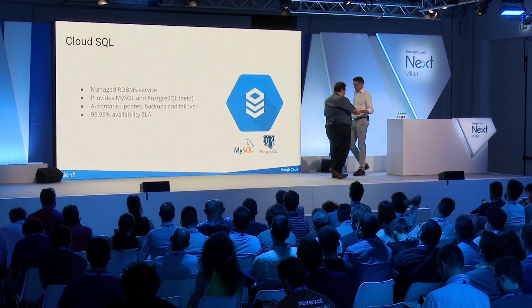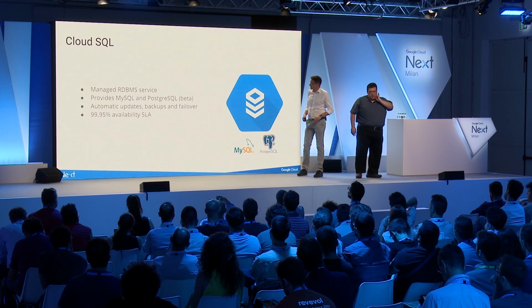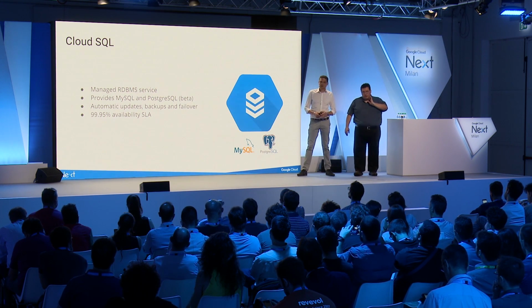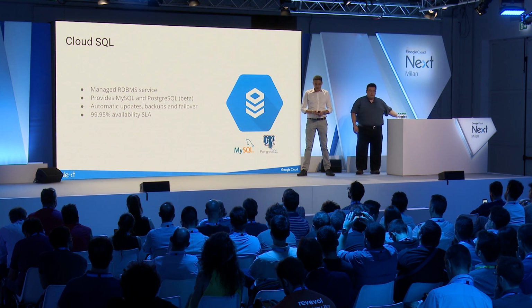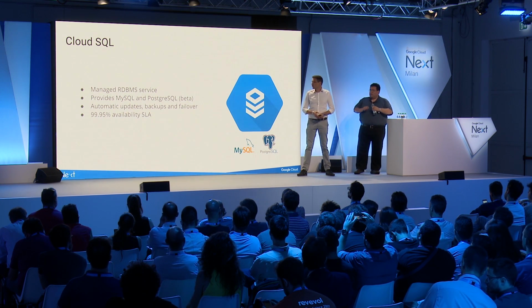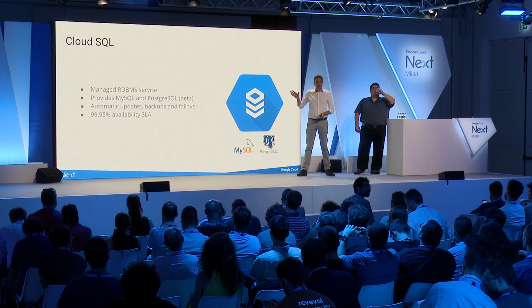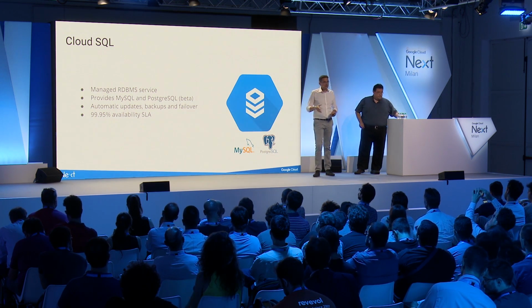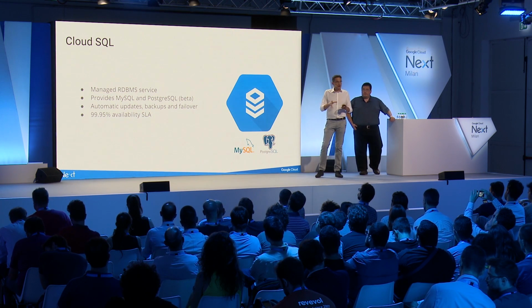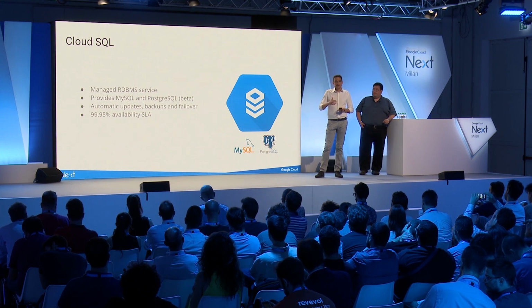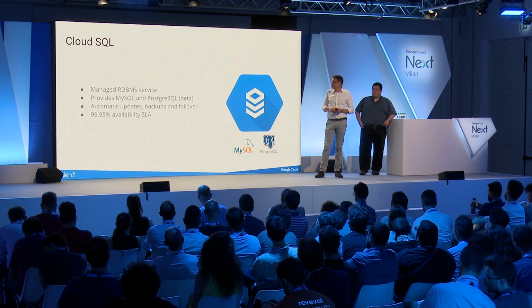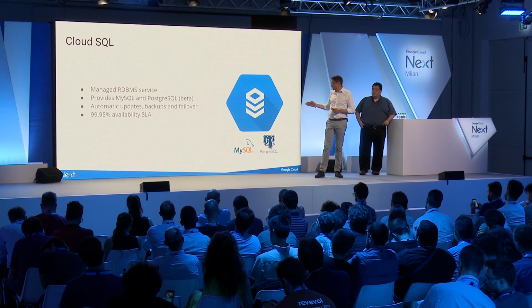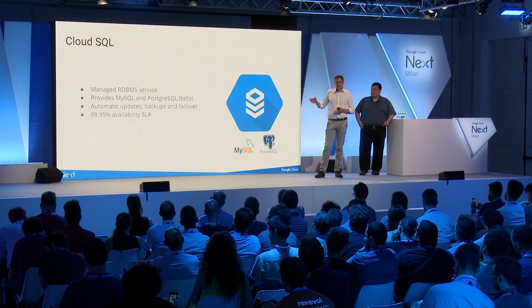In this consumer side, Nelson will introduce other components that are part of Google Cloud Platform. One of these components is Cloud SQL. Cloud SQL is basically a completely managed database-as-a-service offering that provides application-level access to MySQL or PostgreSQL databases.